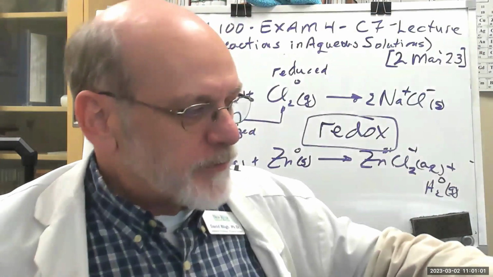Let me stop this share. Okay. Your review document will give you practice identifying these types of reactions. We didn't go into all of them here as extra slides. Your review document will give you that practice.